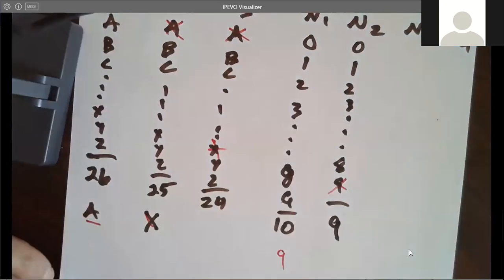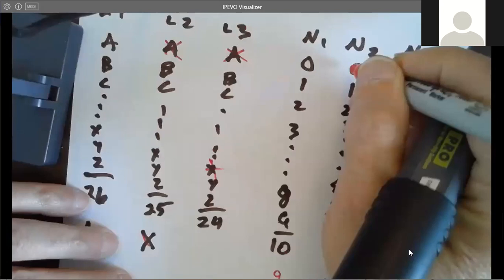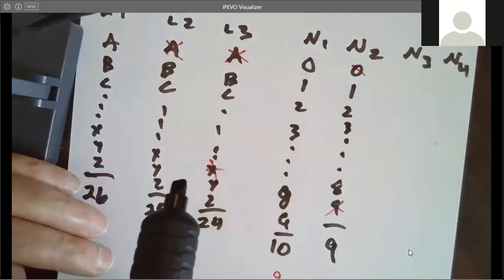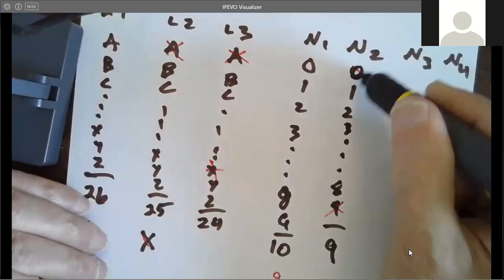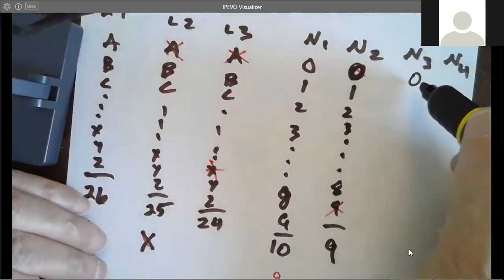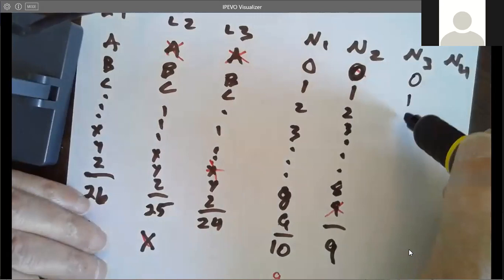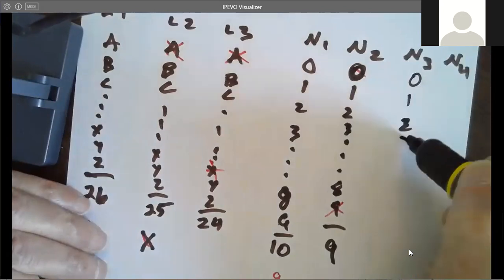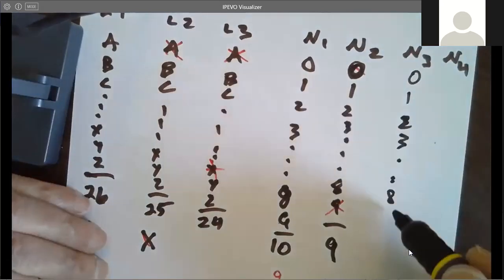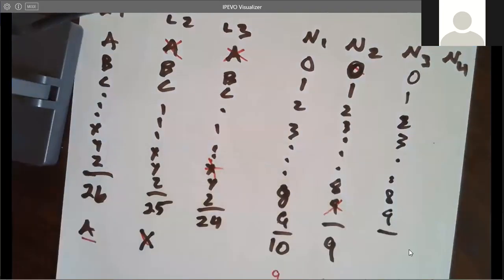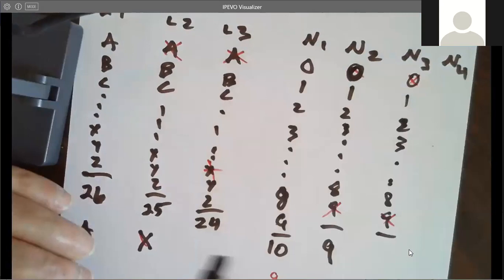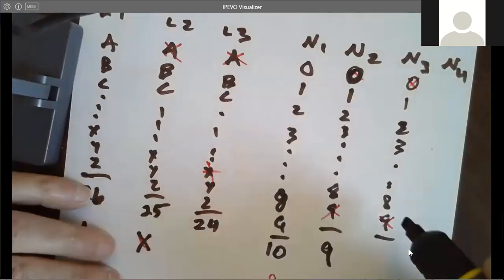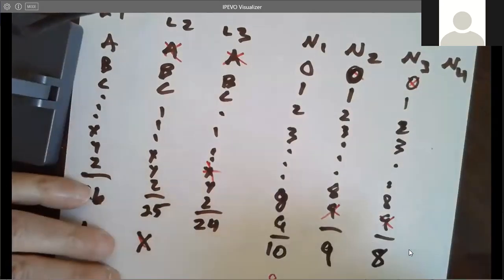Now this time, let's say we choose a 0. If 0 is used, then 0 can't be used again, and 9 can't be used again because those were already taken. So that means there's one less, so there's only 8.